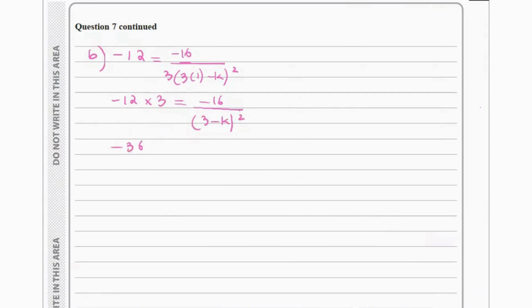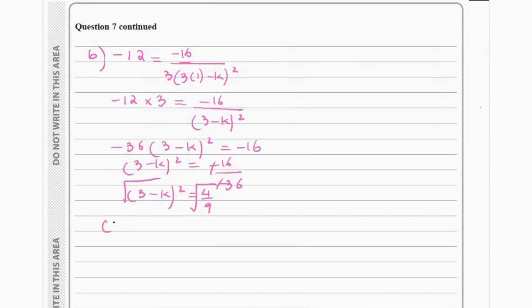Negative 36 times (3 minus k) whole square equals negative 16. So (3 minus k) whole square equals negative 16 divided by negative 36. The negatives cancel out, and 16 over 36 becomes 4 over 9. Square root both sides. So 3 minus k equals plus or minus 2 over 3.